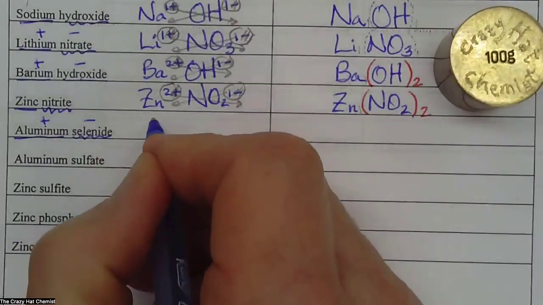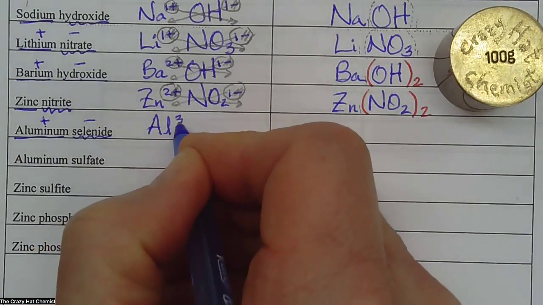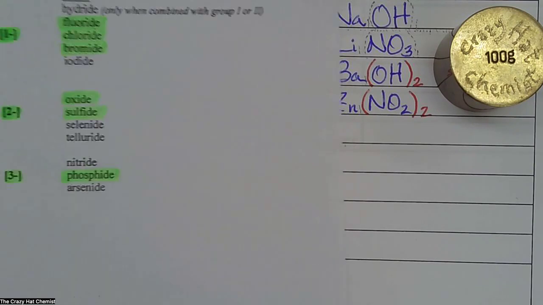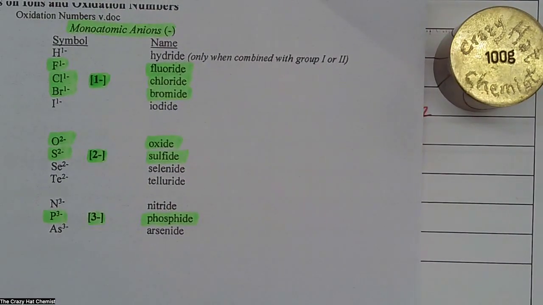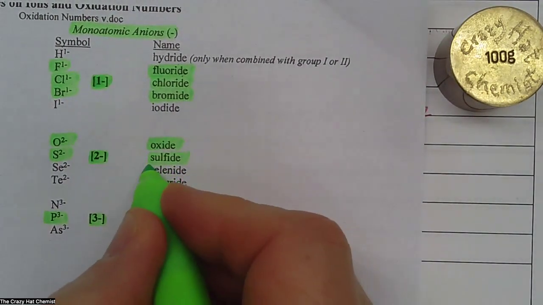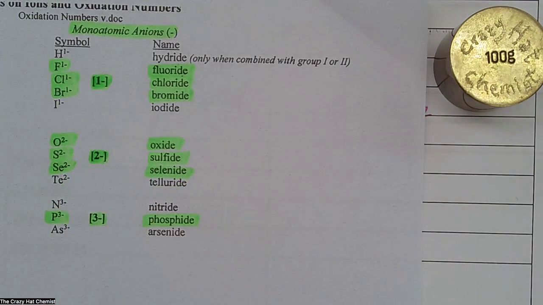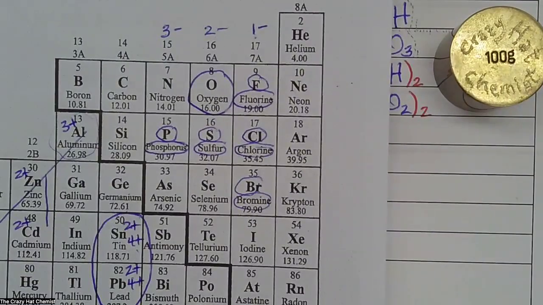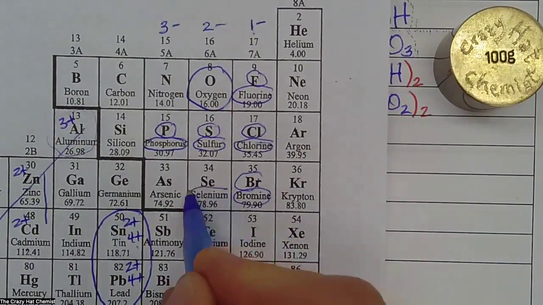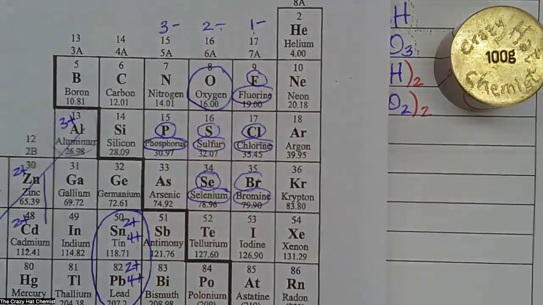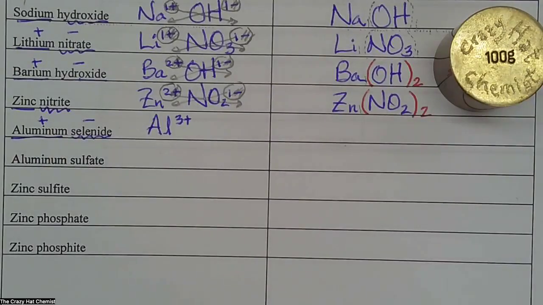So I'm going to write Al3 plus. Selenide is a monoatomic anion. It's also a periodic trend. So selenide is right there. It's a 2 minus, and it's an Se2 minus. Alternatively, we're going to look at our periodic table. We're going to find it right over here. There's selenium for selenide. That's Se, and that's in that 2 minus column right there with oxygen.